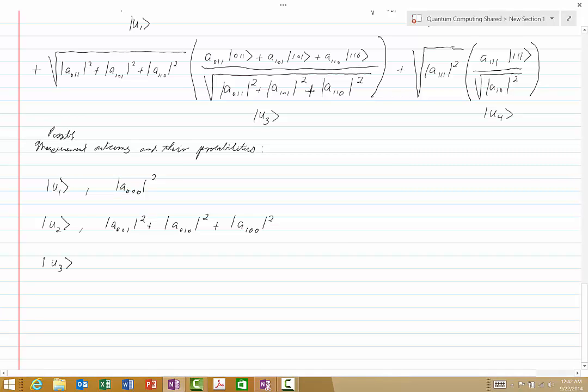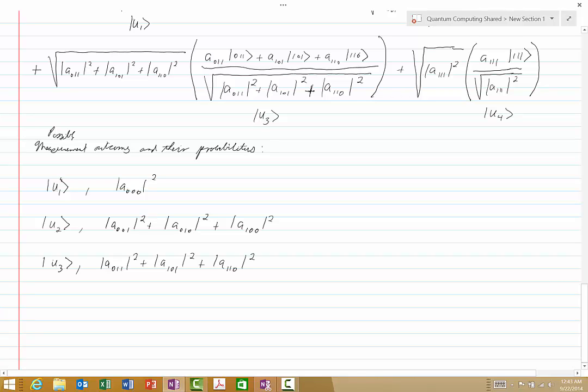A third possible outcome of the measurement would be U3, that is this term, and the probability of that would be the magnitude of A011 squared plus the magnitude of A101 squared plus the magnitude of A110 squared.